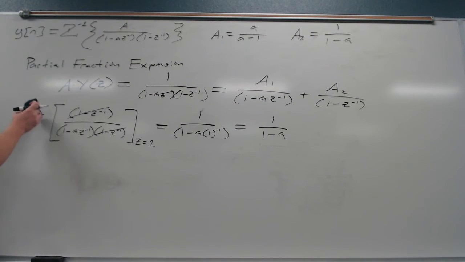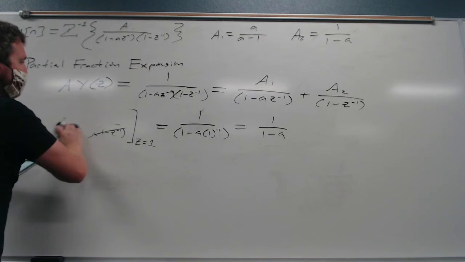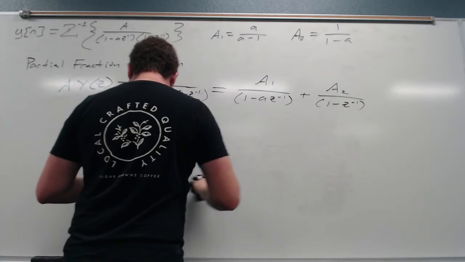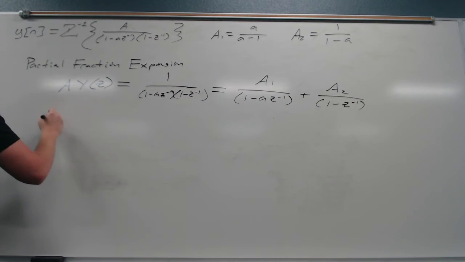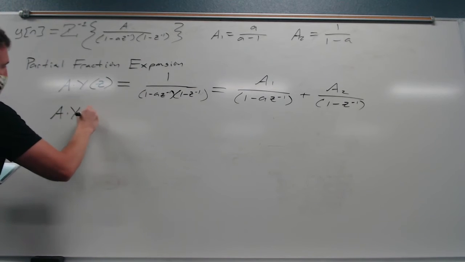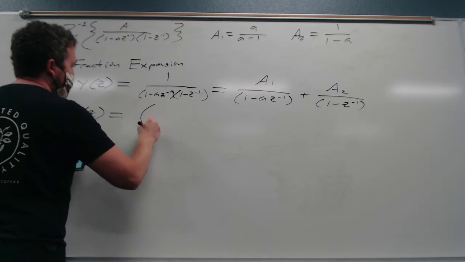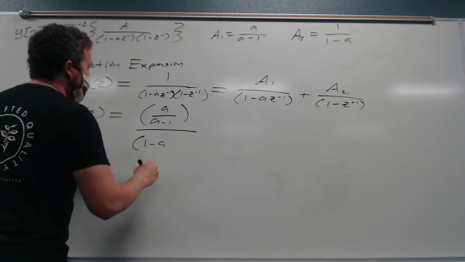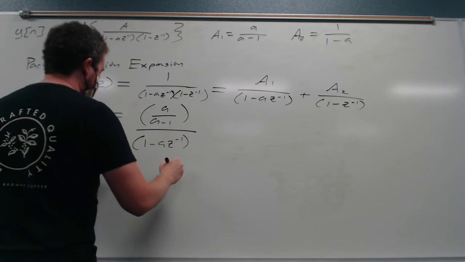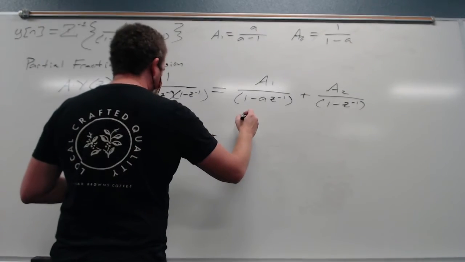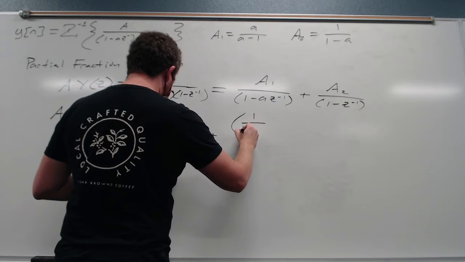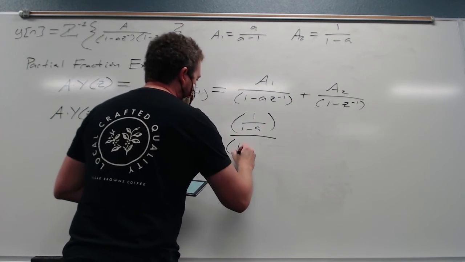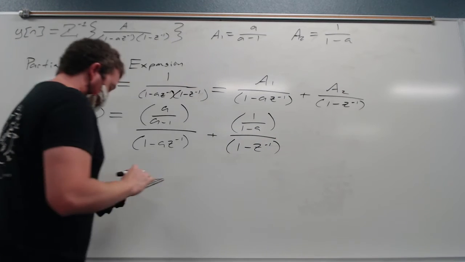So now, let's say we drop everything in. And we have that A times Y of z is equal to all of this mess: a over a minus 1 over 1 minus a z to the negative 1, plus 1 over 1 minus a over 1 minus z to the negative 1.